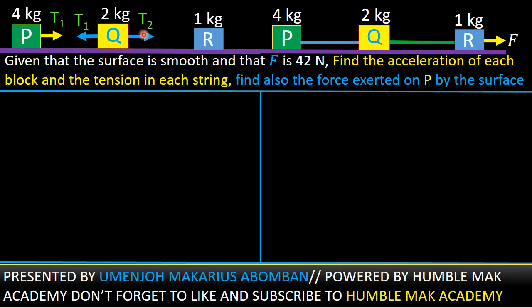Great, T2. So now, guys, T2 is simply the tension on the string that connects Q to R. Great, so this is T2. And guys, there is also a force that opposes T2, okay?